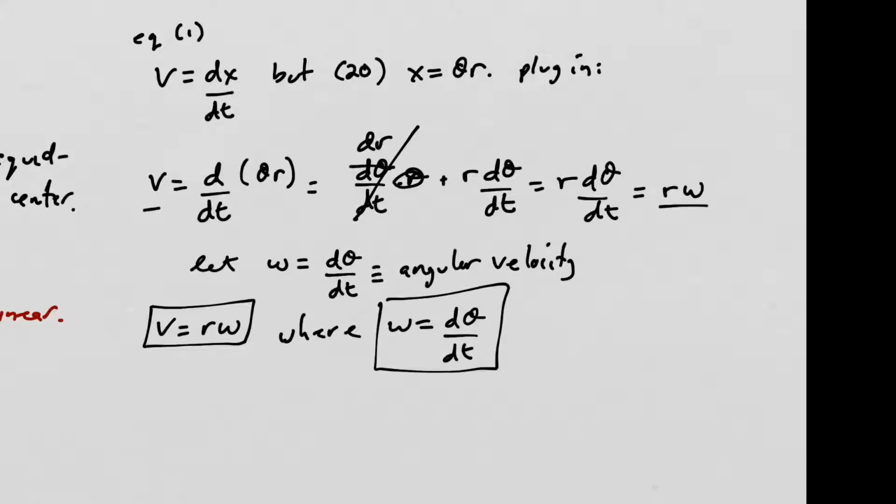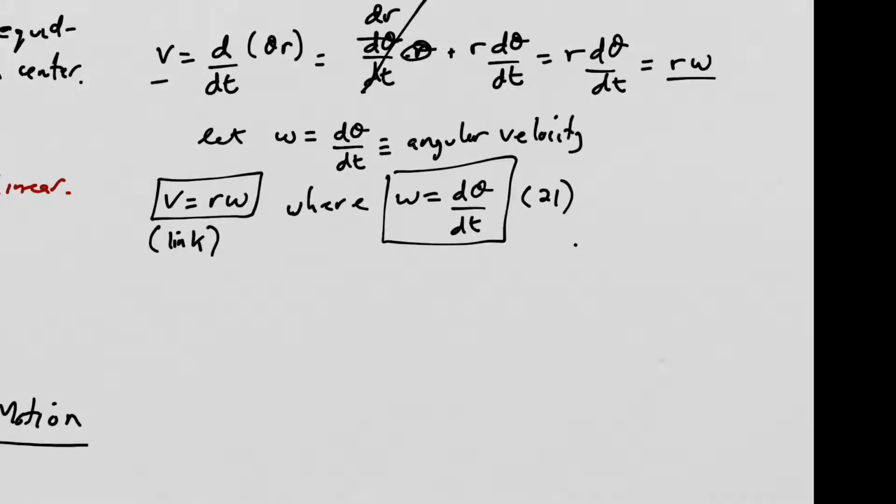And we now have our first angular analog that we'll call equation 21 that shows how angular velocity, omega, relates to the angle function, but also how we have another link equation which shows how velocity relates to the angular velocity, omega. And so this is going to become of the utmost importance.